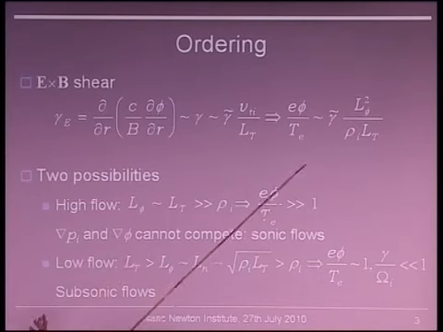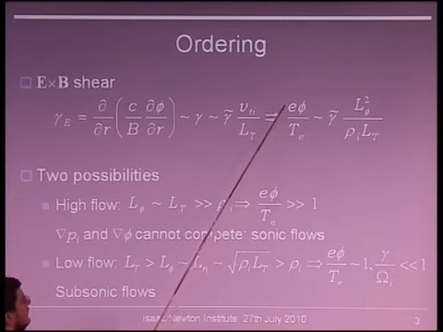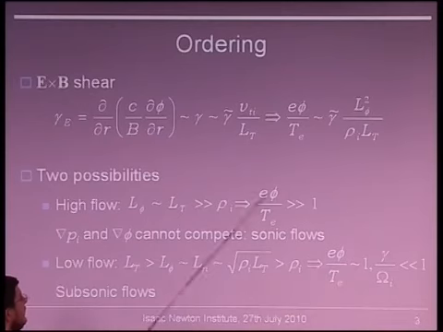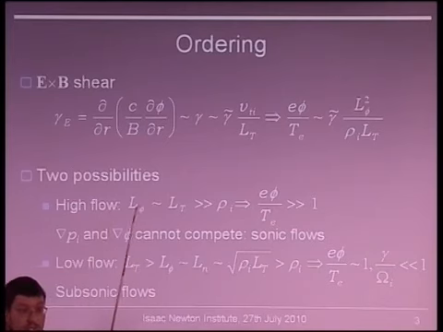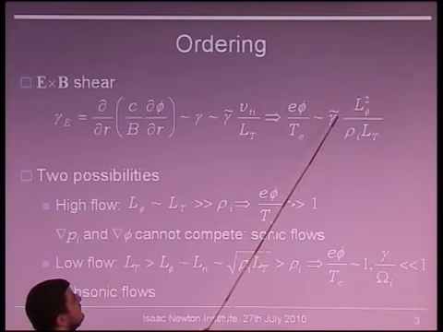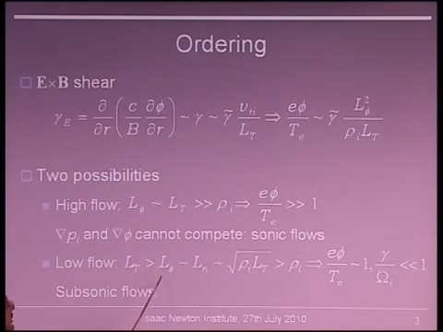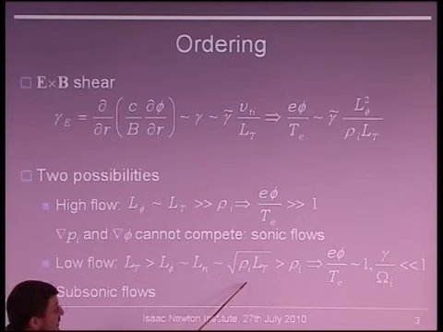Then if we make the order of the potential comparable to 1, to electron temperature, to be able to make the pressure gradient and the potential gradient compete with each other and have flows that are not sonic, this expression gives us that the potential and the density scale lengths, that's where it goes into the ordering, Peter's ordering, have to be between the ion gyroradius and the temperature scale length.